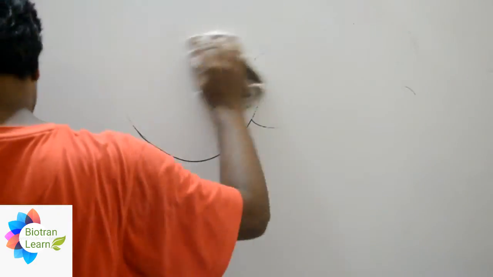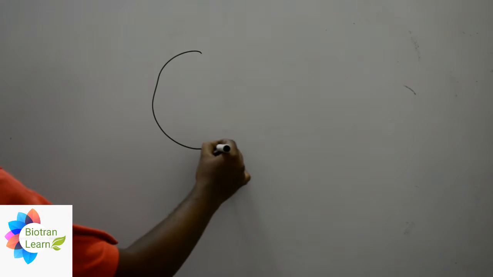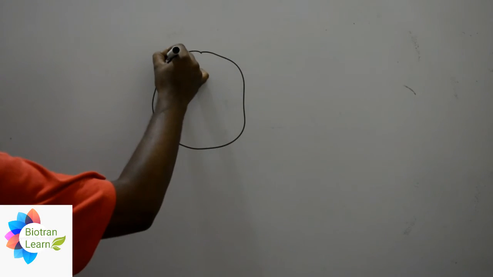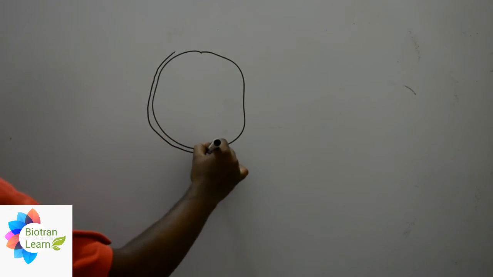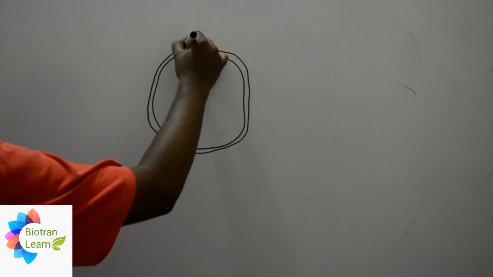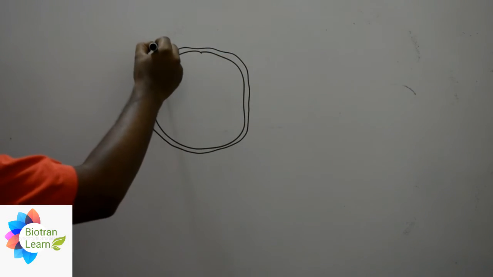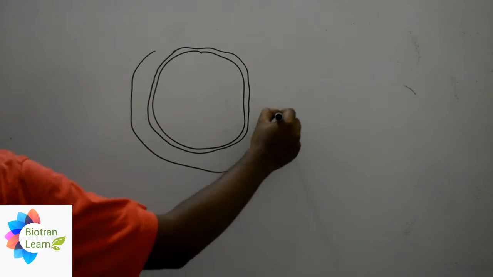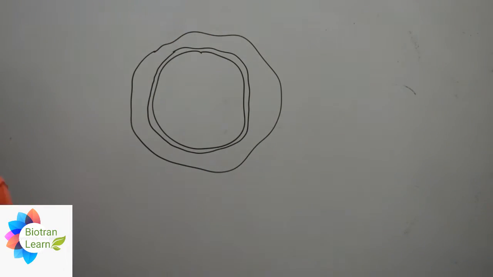So in case of a pneumococci, what we will be having, that they will have a structure like this one, and the outward structure will be like this one, right?